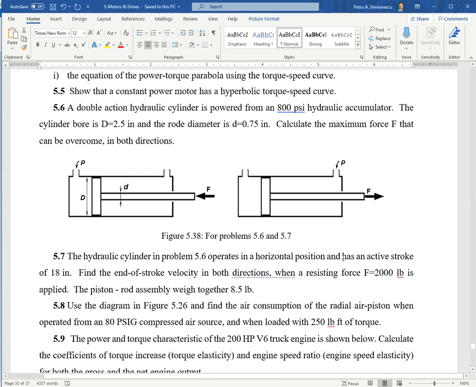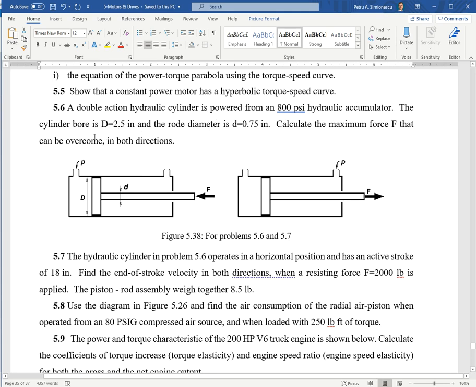Double action hydraulic cylinder is powered from, I have these solved on paper. Maybe I should just scan the pages. So have a hydraulic cylinder, 80 psi hydraulic accumulator. So accumulator means this pressure is available constant. It doesn't drop with consumption.